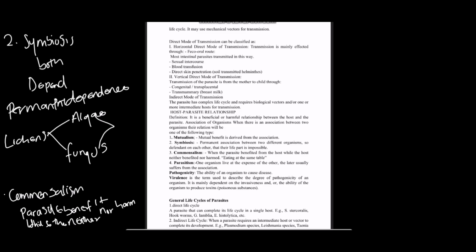An example of that association is Entamoeba coli in the human intestine, which feeds on the nutrients inside the intestine of the host and in the process does not affect the intestine.